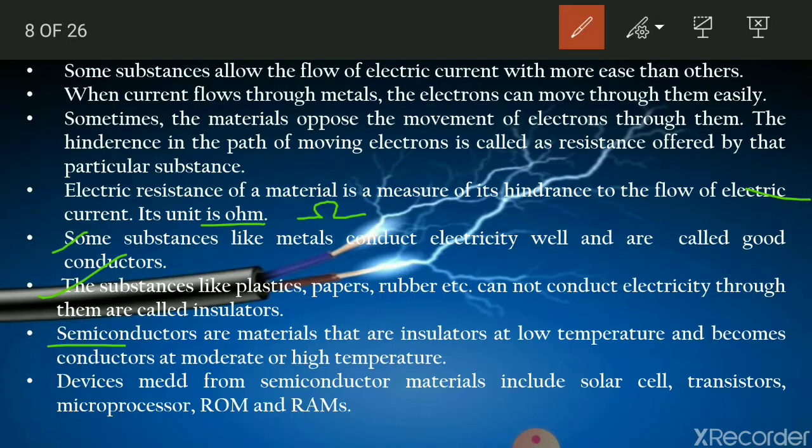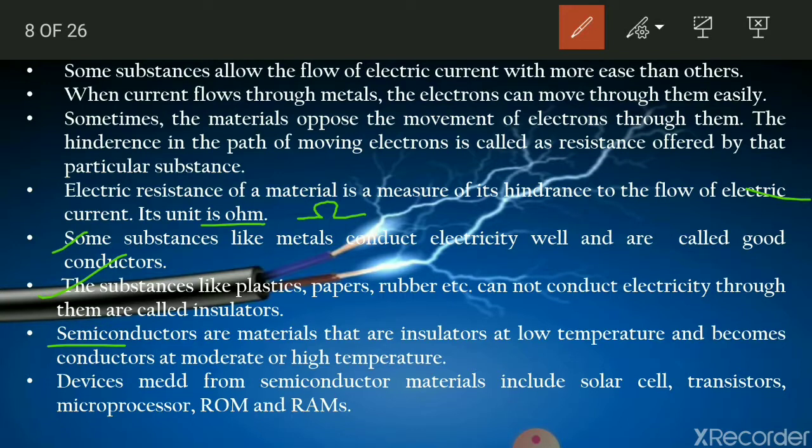Means generally at room temperature the materials are insulators, but at moderate or high temperature, when we heat them or they become hot, then they will act as conductors. So simply, the materials that are insulators at low temperature and become conductors at moderate or high temperature are called semiconductors.